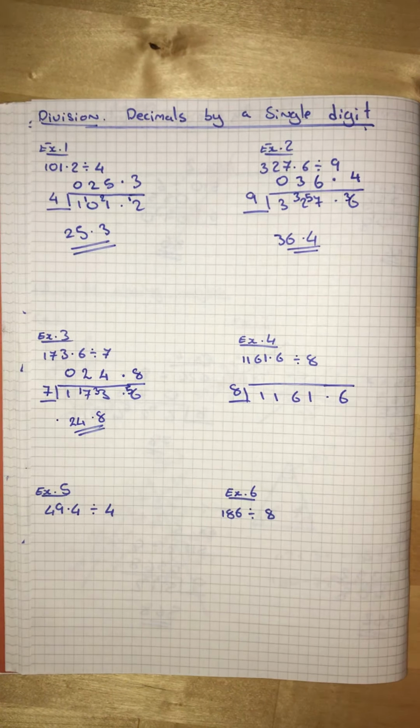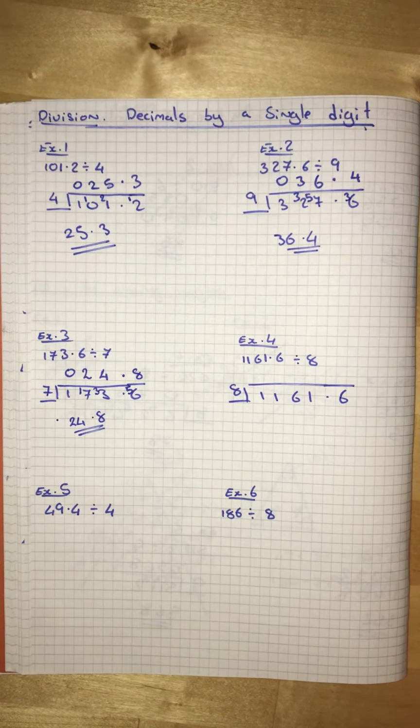8 into 36, let's count up in 8s, 8, 16, 24, 32, 40. I've gone above the 36, so we go back to 32. So it's going to be 4 with a remainder of 32 going up to 36, so 33, 34, 35, 36. Remainder of 4. 8 into 41, 8, 16, 24, 32, 40, and then 48.